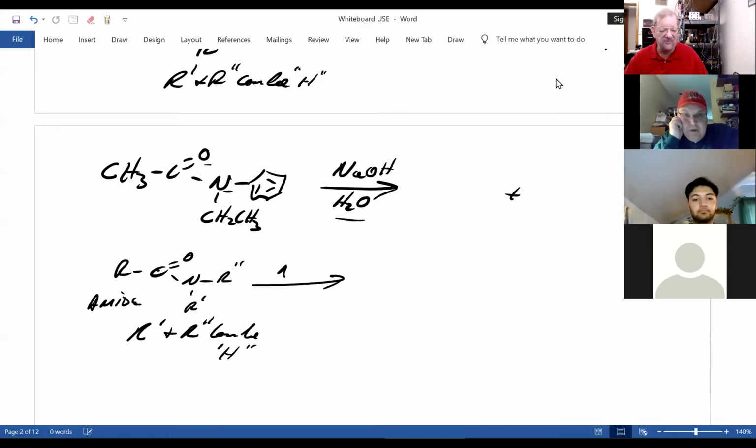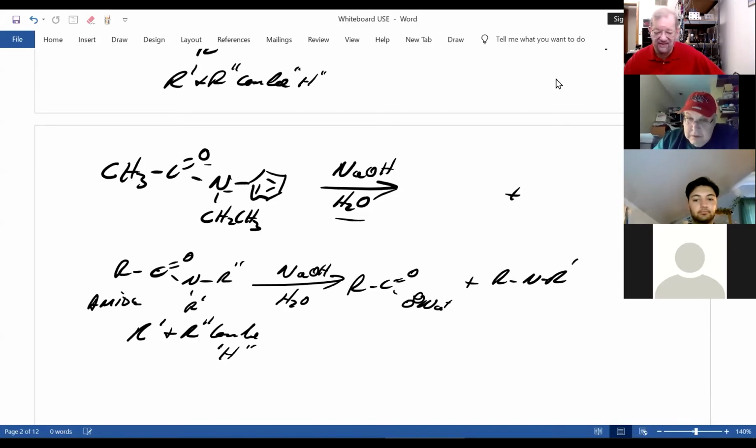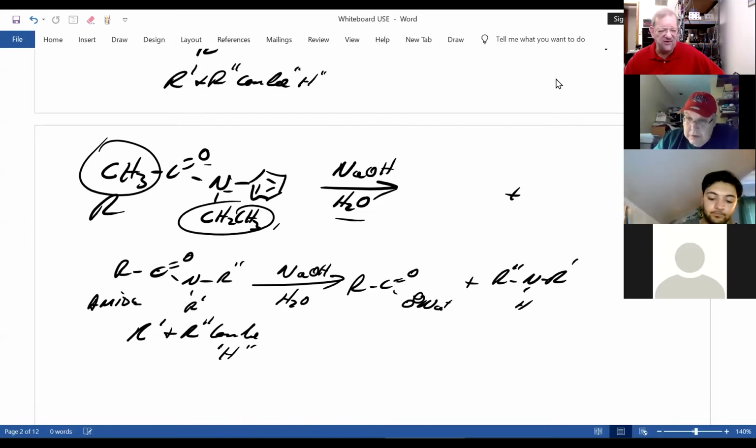And when we react it with sodium hydroxide, a base, and water, you get back the carboxylate anion of the carboxylic acid you would have used to make that amide, plus the amine you would have used to make that amide. If we look here, R is methyl. One of these I call R prime, the other R double prime.